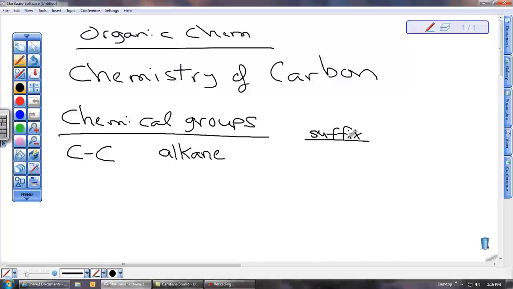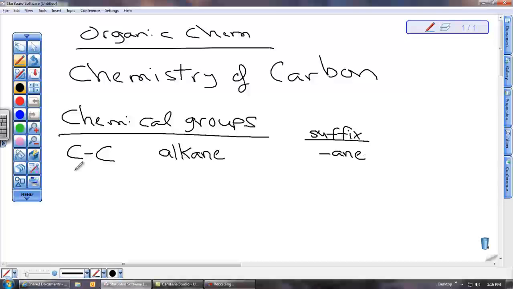And that chemical group is indicated with a suffix. Remember, a prefix is what begins a word. A suffix is what ends the word. So in this case, the suffix for chemicals that are alkanes is -ane. They will end with -ane. Examples: methane, ethane, propane, butane. Those are compounds that have singly bonded carbons and nothing else.